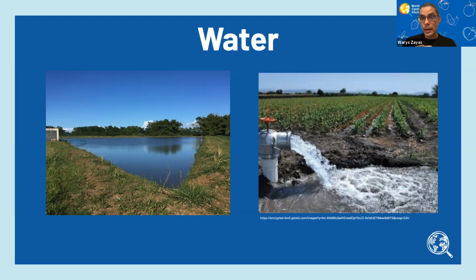At your right, you have the most common source of water in Puerto Rico, I know in most of the Caribbean, and in most parts of the world: the deep wells. What's the problem with deep wells?